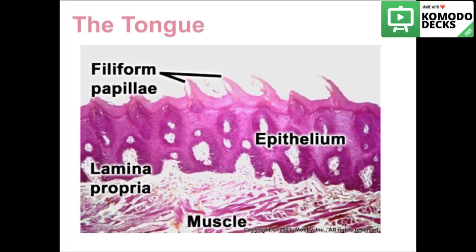A section of the dorsal surface of the tongue showing a keratinized epithelium with many filiform papillae, having a thread-like shape of cones with lateral leaves.